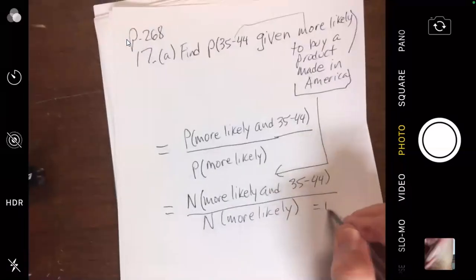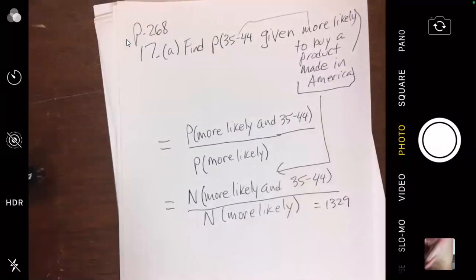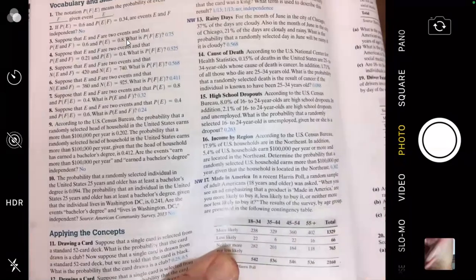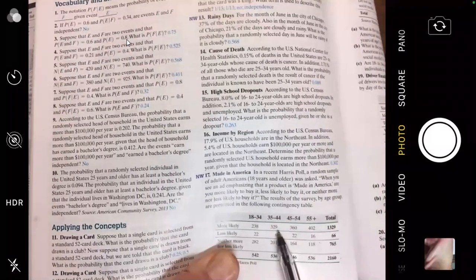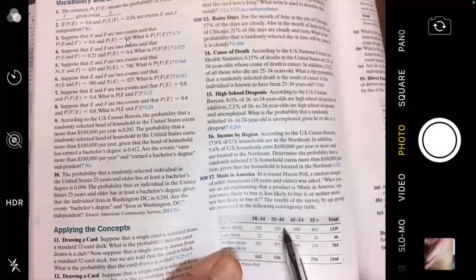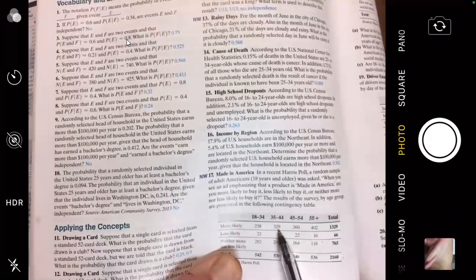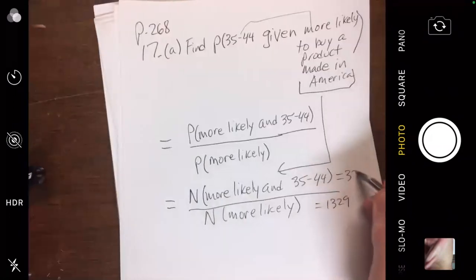So this number is 1329. Now you need both. You need the number more likely, that'll come off the top row, and they're in the age range 35 to 44. So they're both more likely and 35 to 44. Can you tell that would be 329? So this top is 329.